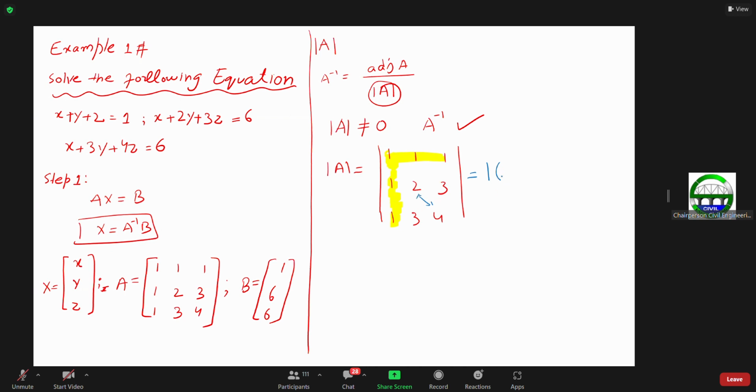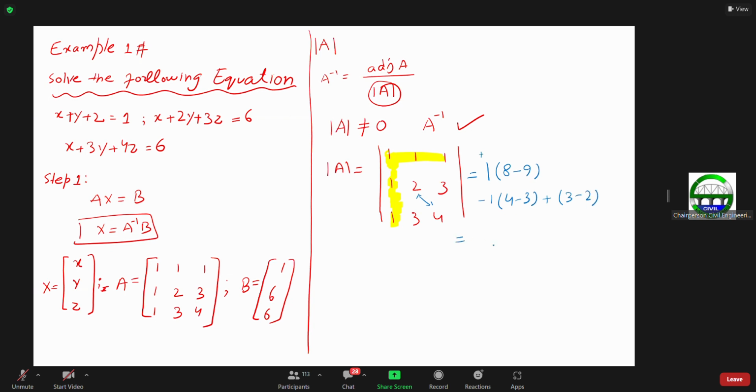So 1 into 8 minus 9. Then minus 1 into this one, which is 4 minus 3, and then plus again, this one 3 minus 2.